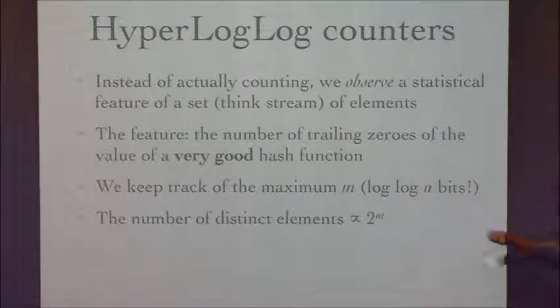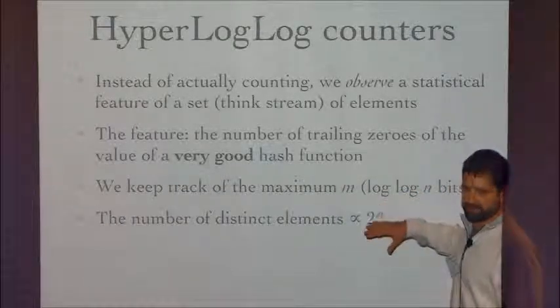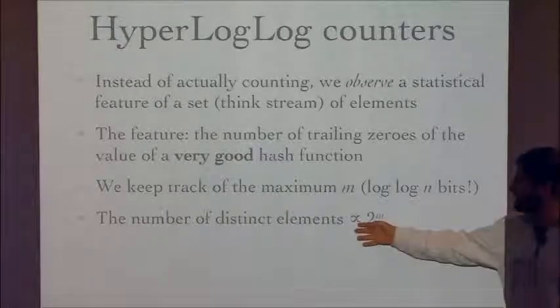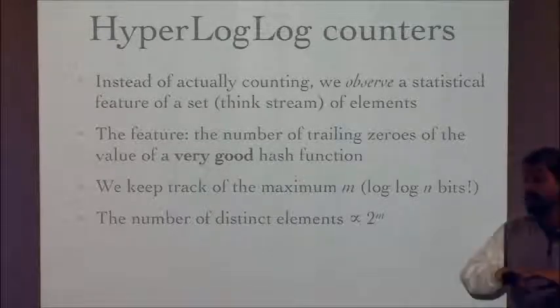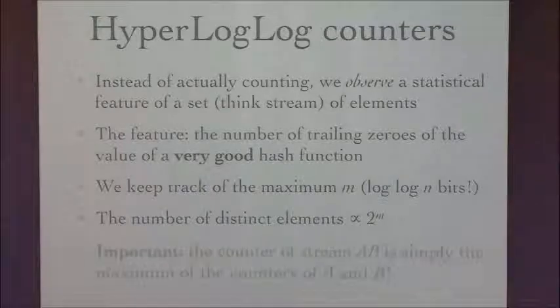This is very bad because this process doesn't even have a finite expected value. But basically, the number of distinct elements you've seen is about 2 to the power of m. There are a huge number of things you can do to make this work, like having multiple counters to decrease variance. You must use the harmonic mean. There are 2 or 3 very nice papers by Flajolet about this.